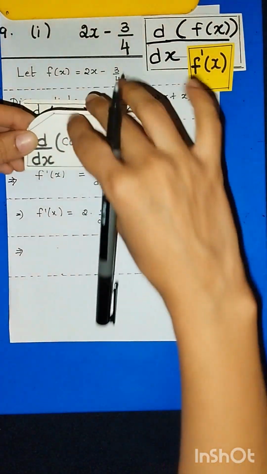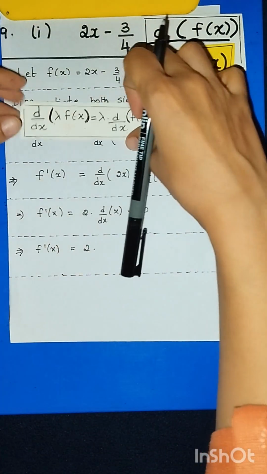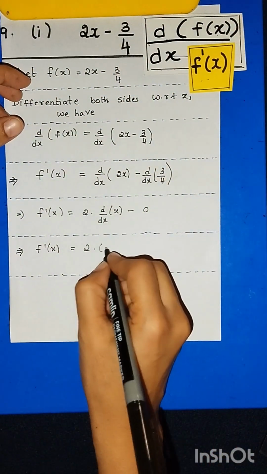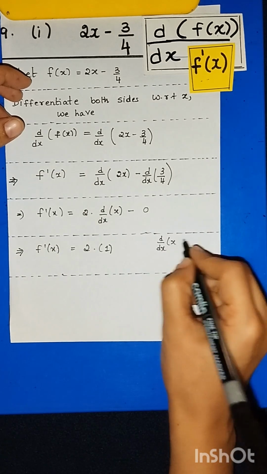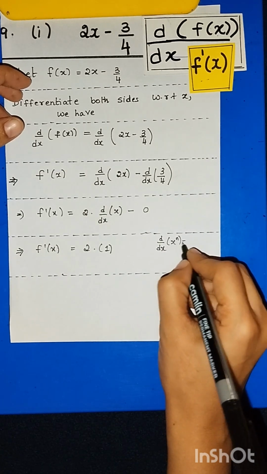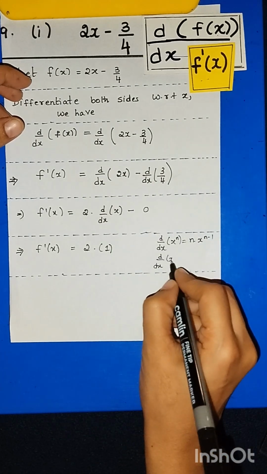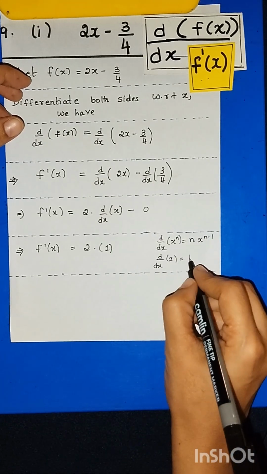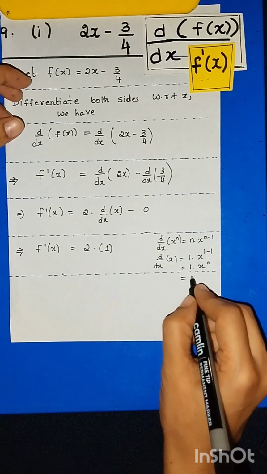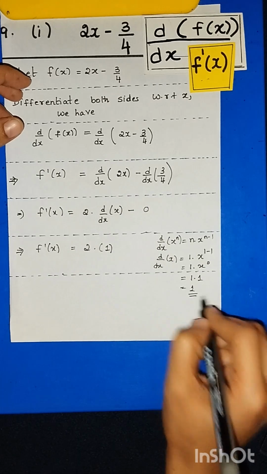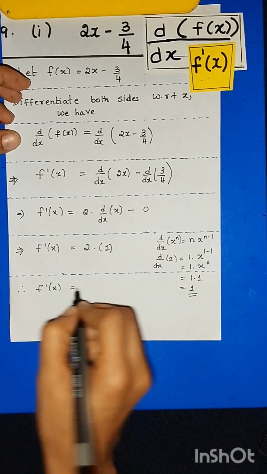So this implies f dash of x is equal to 2 times derivative of x, which is 1. So how is the derivative of x 1? d by dx of x power n is n times x power n minus 1. So d by dx of x will be, here you will have 1 into x power 1 minus 1, 1 into x power 0, 1 times 1. So therefore the final solution f dash of x is 2.